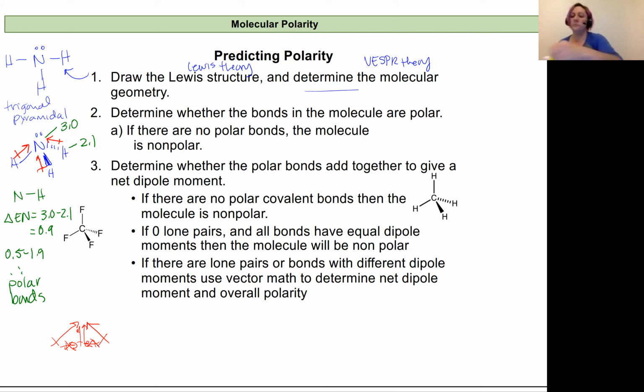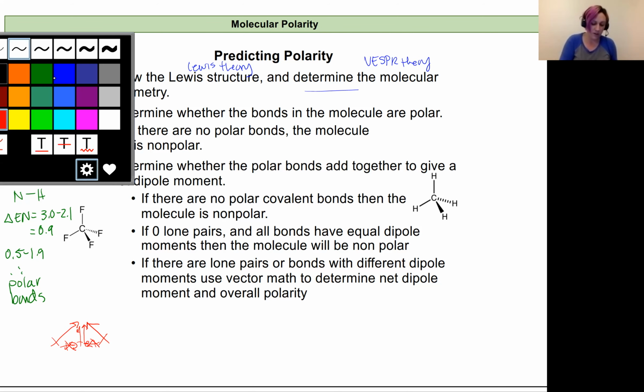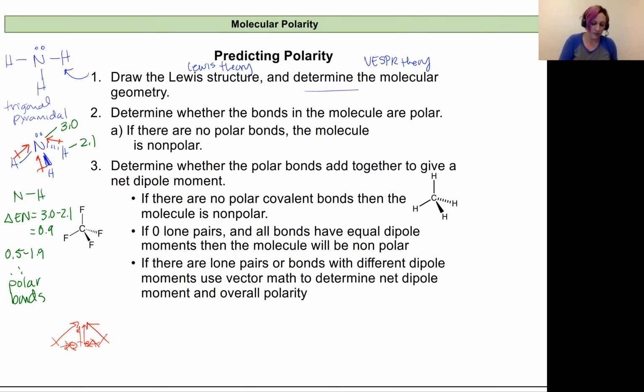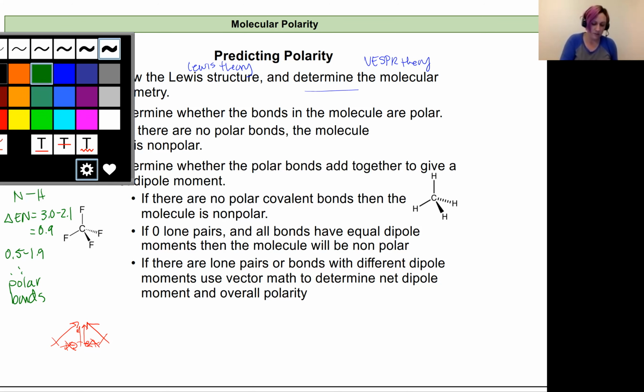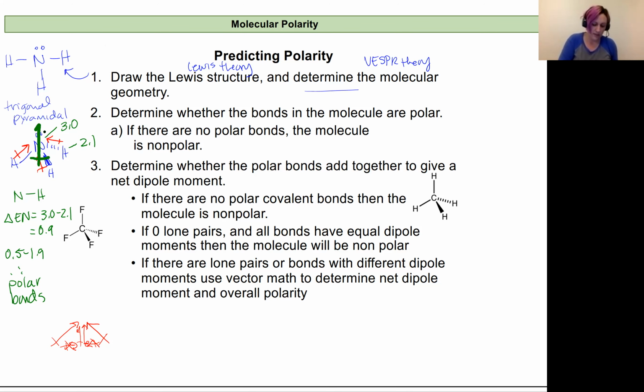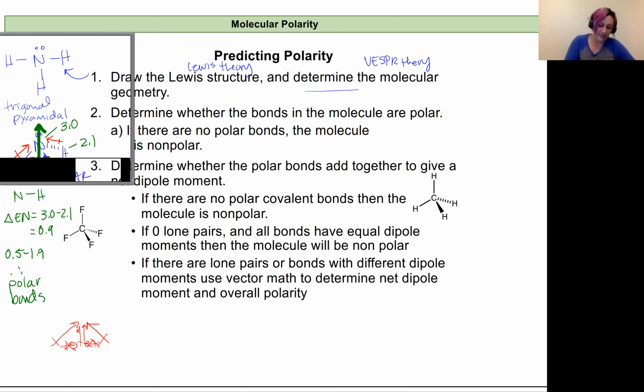Remember what this looks like, right? There's a little bit of space where it's actually pointing up. So a little bit of this will cancel out, but it'll have an overall dipole moment that goes up pointing towards the lone pairs. And so I would call this molecule polar. And that's how I'm going to identify it.